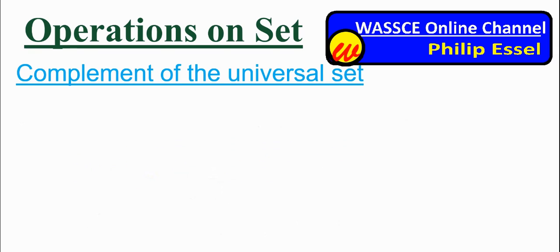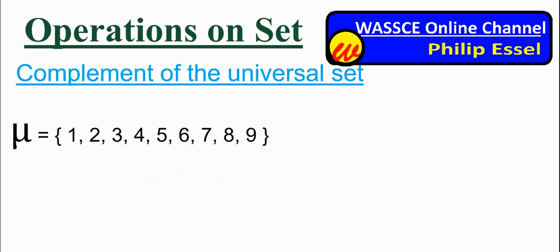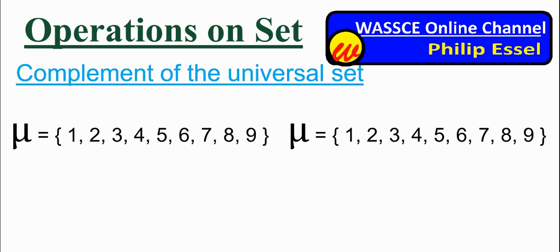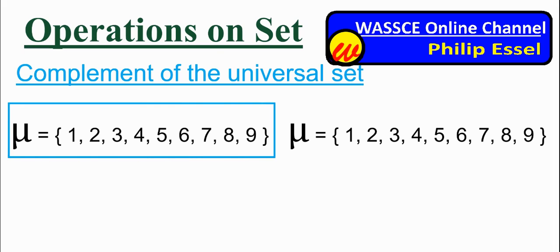Next, let's look at the complement of the universal set. So here we have a universal set with its content shown inside the curly brackets. And we also have the same universal set with the same content. Now we want to find the complement of the first universal set over the second universal set.